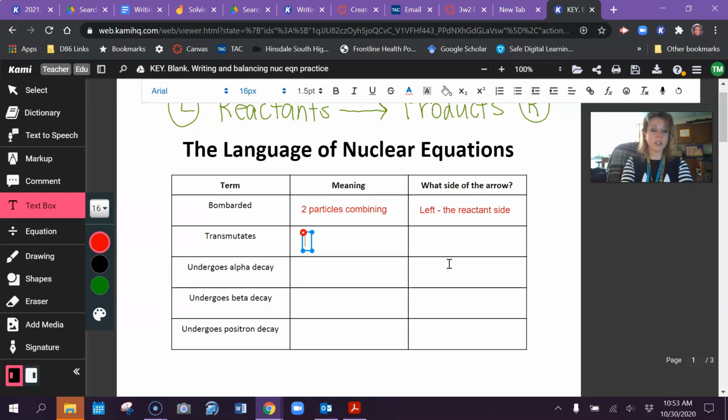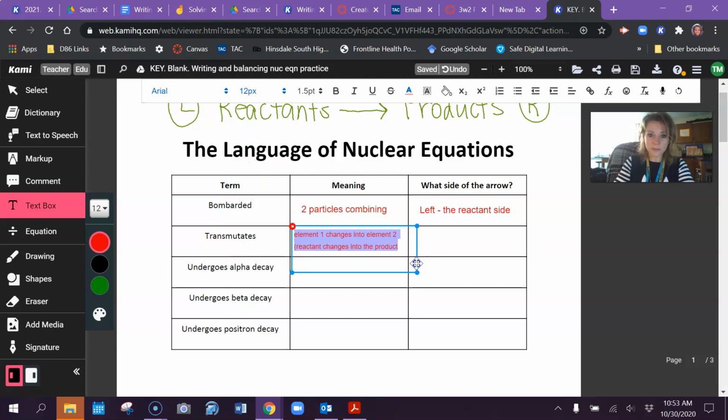So transmutation means that element 1 changes into element 2. Or basically, the reactant changes into the product. Let me just make this a little bit smaller so that it fits in our box.